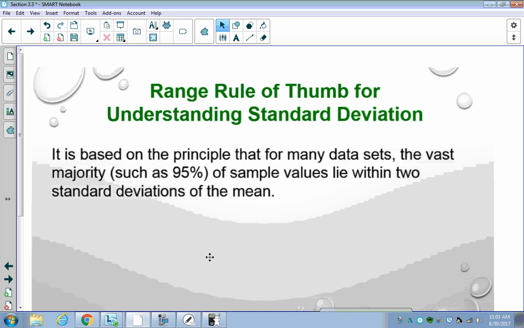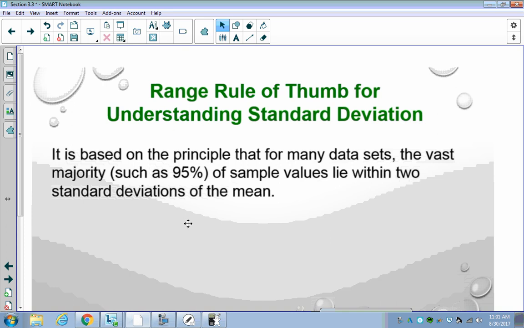But when we add more and more and more and more, it does. So when that happens, the majority of all the data lies within 2 standard deviations of the mean. 95% lies within 2 standard deviations of the mean. Okay?